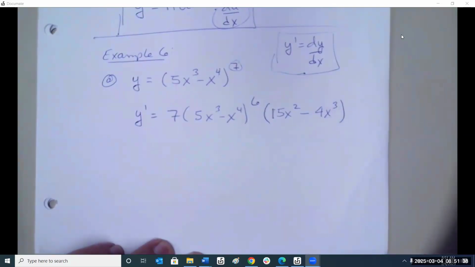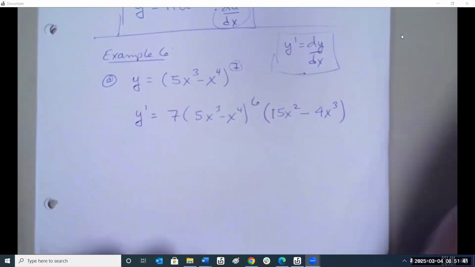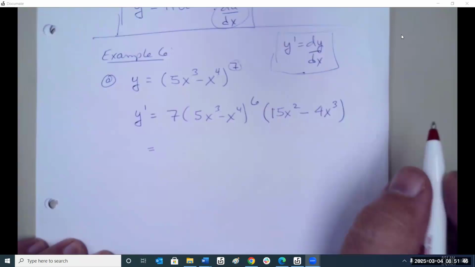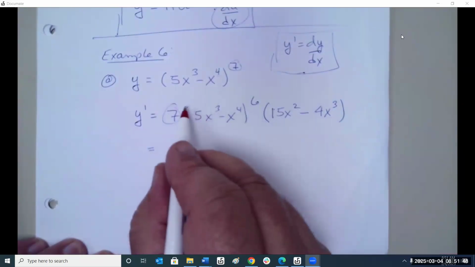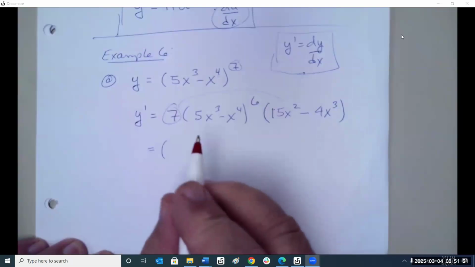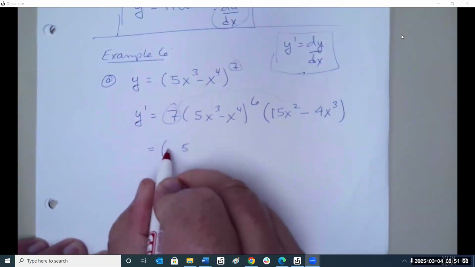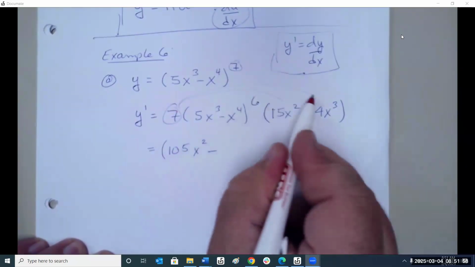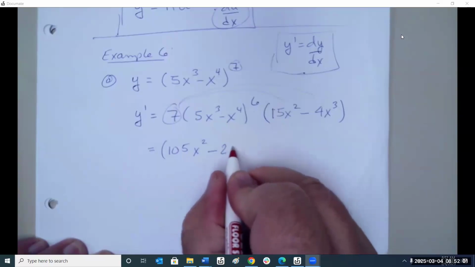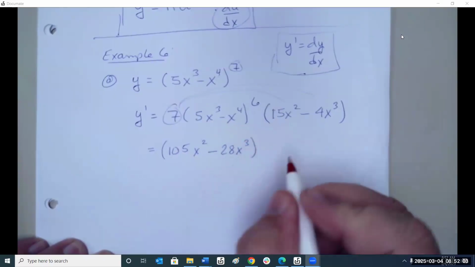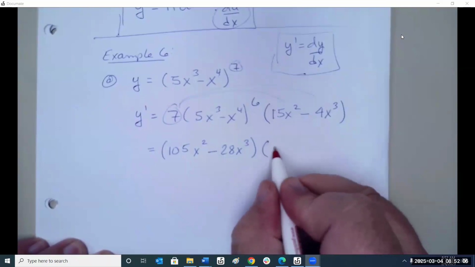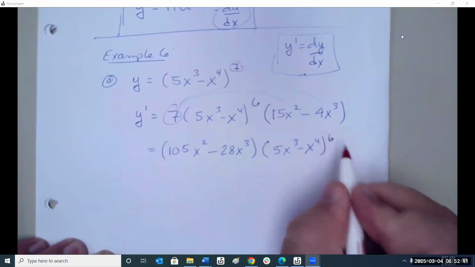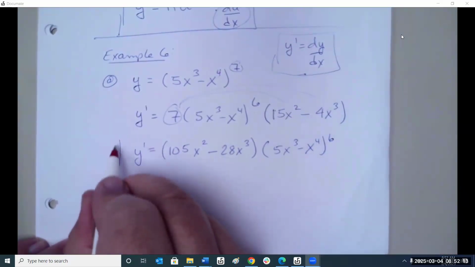Very good. Now we can multiply it by the 7. So 7 times 15 is 105x squared, 7 times negative 4 is negative 28x cubed, times 5x cubed minus x to the fourth, to the power 6. There's our derivative.